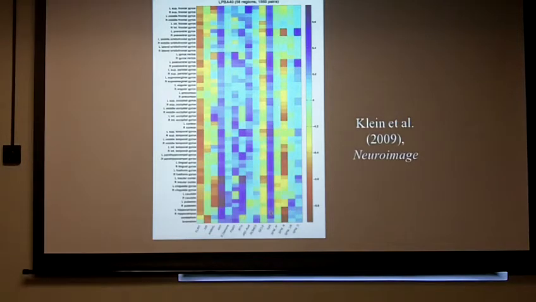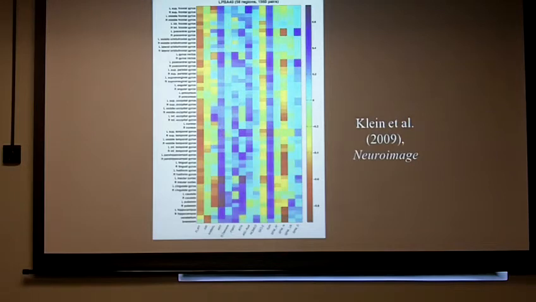To make a long story short, the bluer, the better that algorithm is. So this blue column represents symmetric normalization, the last column represents SPM Dartel, this one is SPM unified segmentation, and this one is FNIRD.